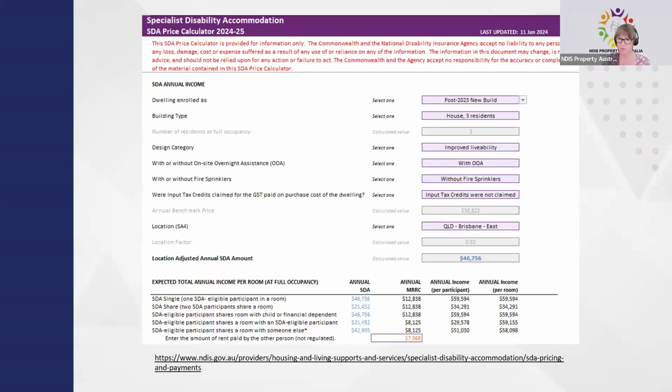So, were there any more questions relevant to the calculator and how this works? I think there was one thing I also wanted to just quickly show: how do you find out what the SA4 location is?